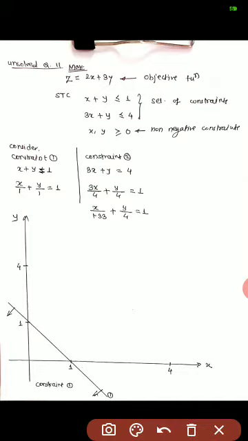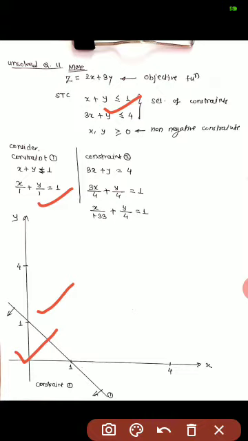See here, by this constraint 1 it is giving 1 as the coordinate for x, and similarly 1 is the coordinate for y. So for this constraint 1 I have drawn the line, and which area we have to consider, either upward or downward, will depend on the inequality sign. And for this question they have given the less than or equal to sign, therefore we have to consider the downward portion of this particular line.